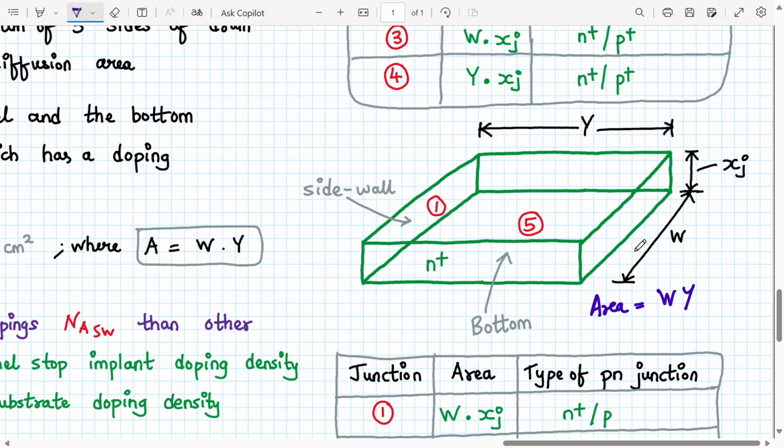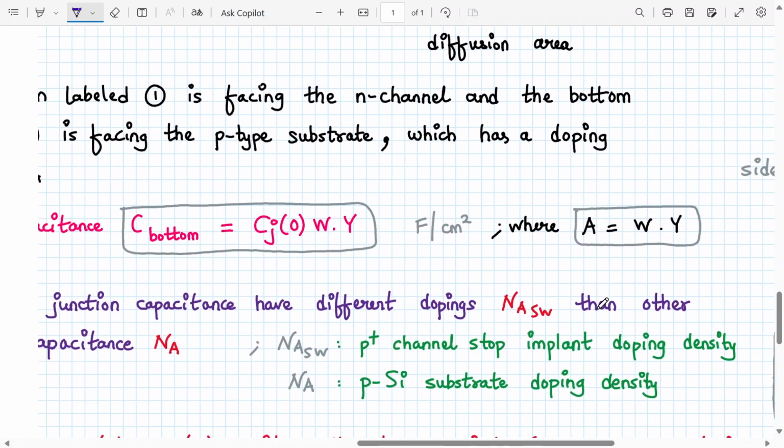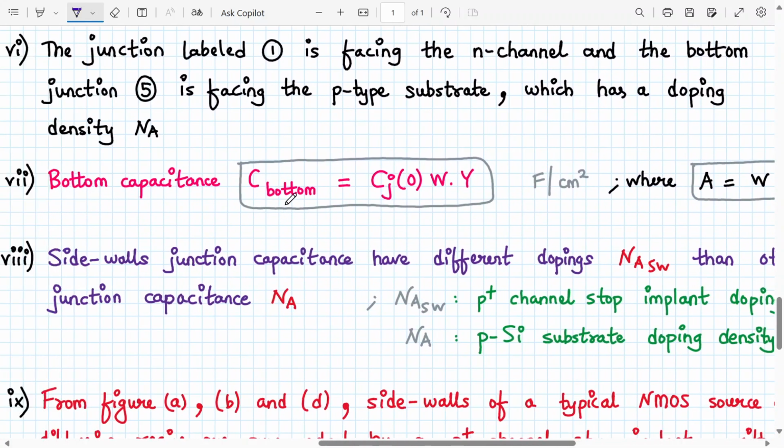Area of the rectangle will be length into width. This is W, this is Y. So area will be length into width, and the bottom capacitance will be Cj0 into Y into W, Cj0 being in farad per centimeter square.